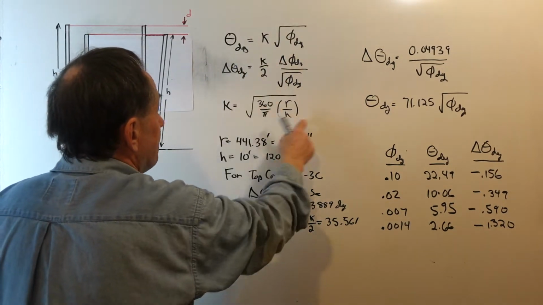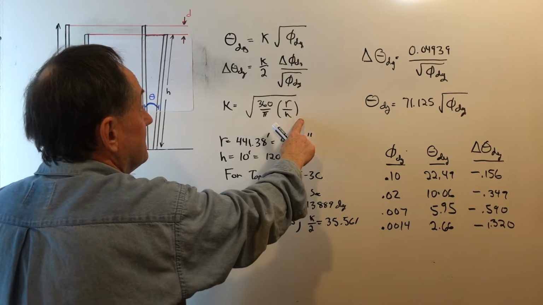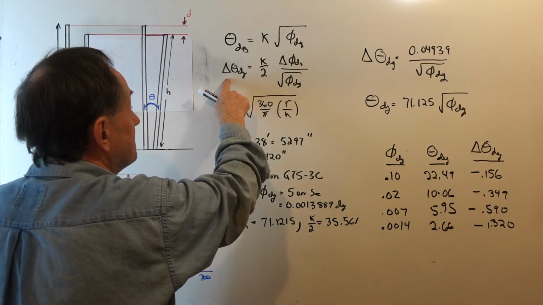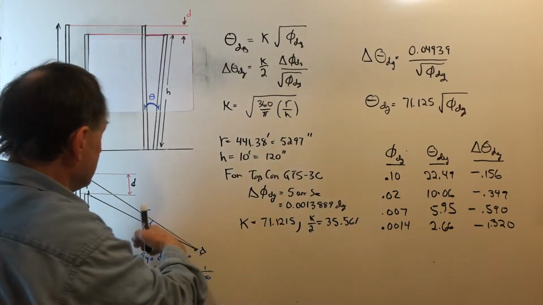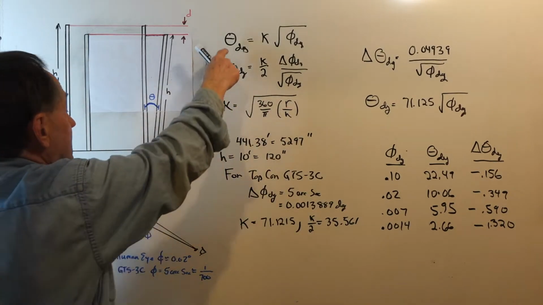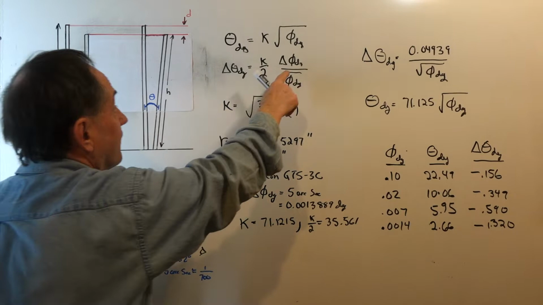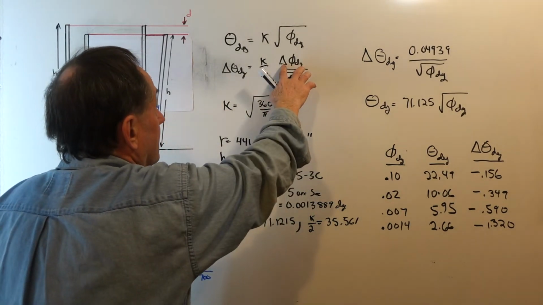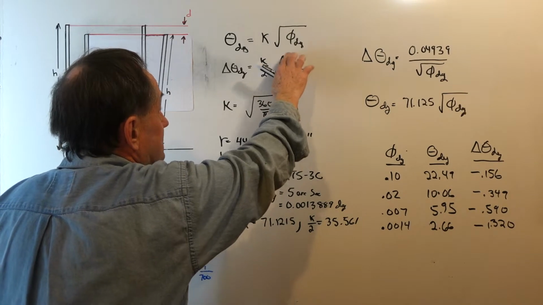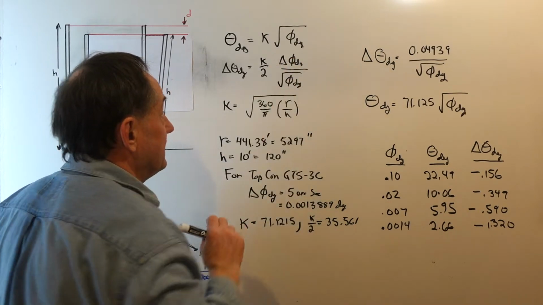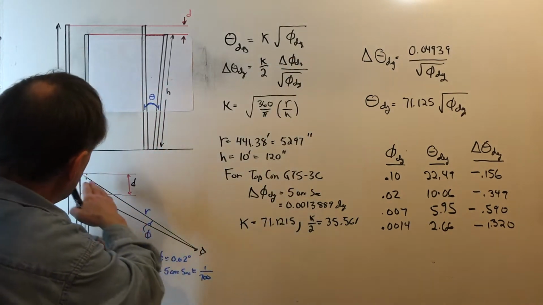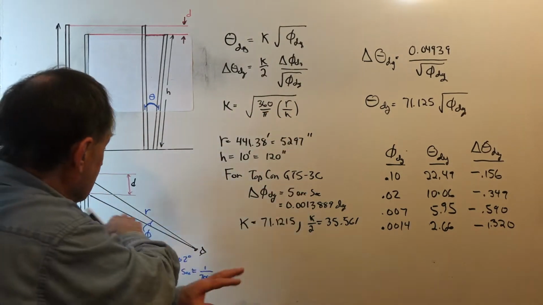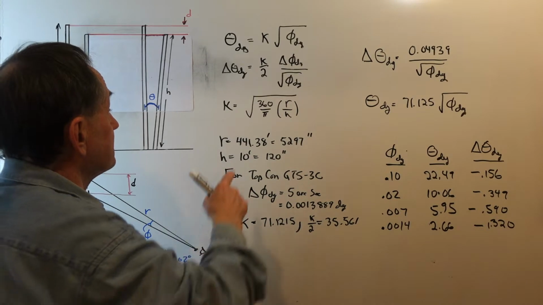K is this factor that I just described, and this is the equation for the uncertainty in determining the tilt angle from the perceived height difference, where we have a certain amount of error, delta phi in degrees, in the angular measure of the perceived height difference.